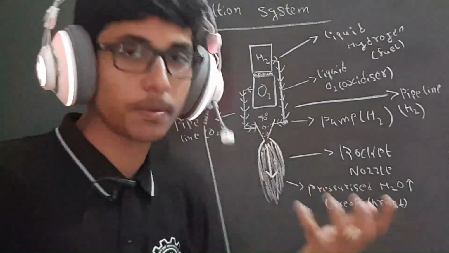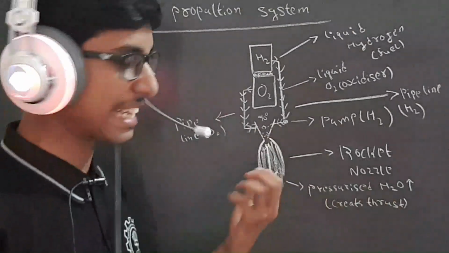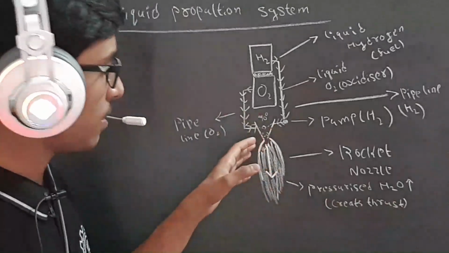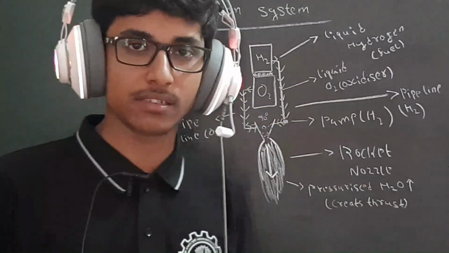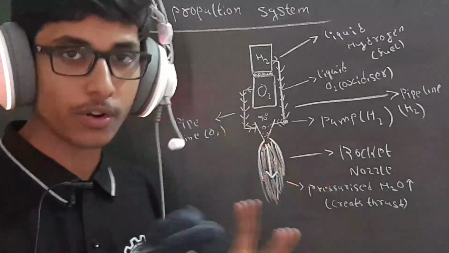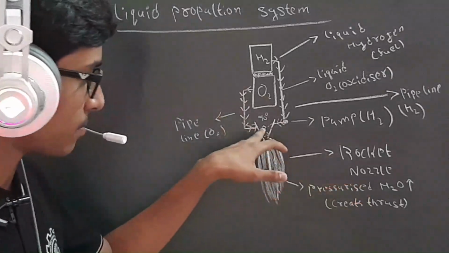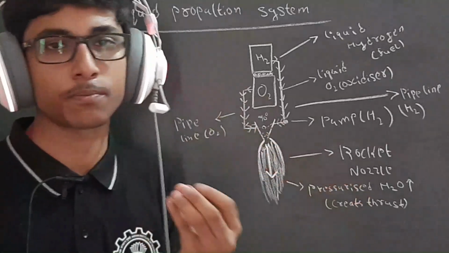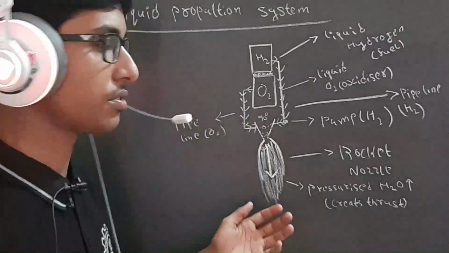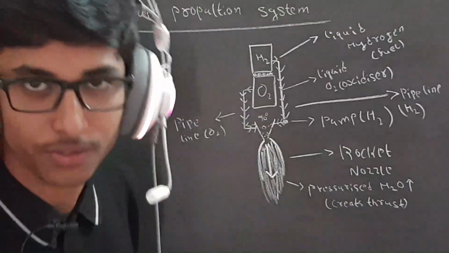Eventually, the spark plugs present in the combustion chamber ignite the fuel, and the fuel expands, and the pressurized gases escape from these tiny nozzles, which creates lots of force, and that force is perpendicular to the ground, and that is thrust, right?